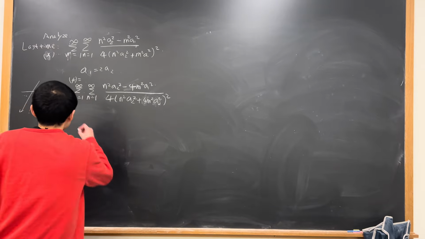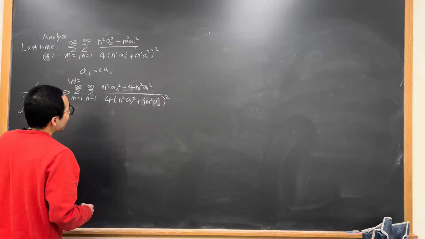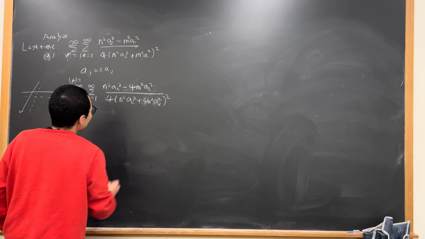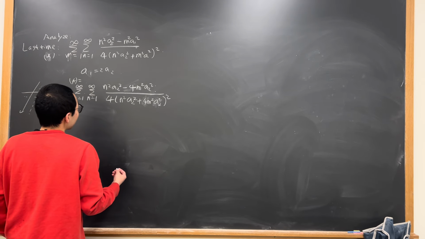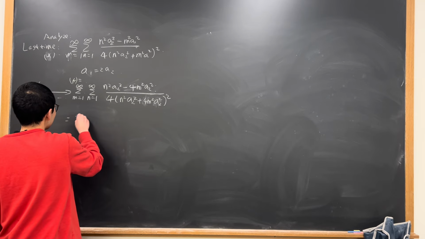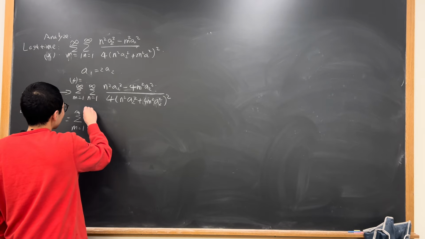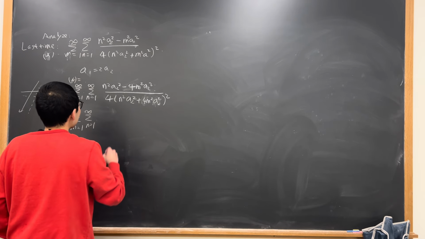So this is a2 squared, and then we divide by it.